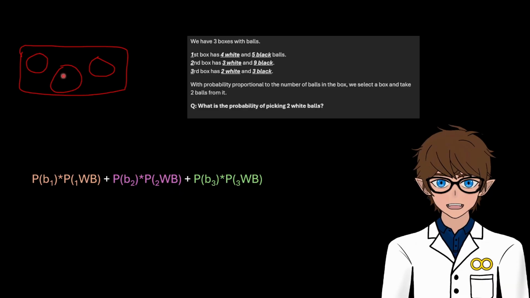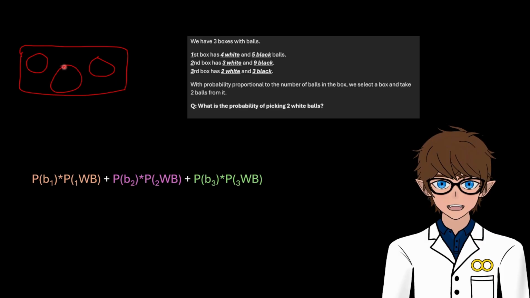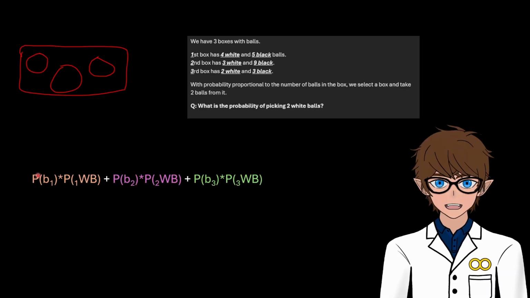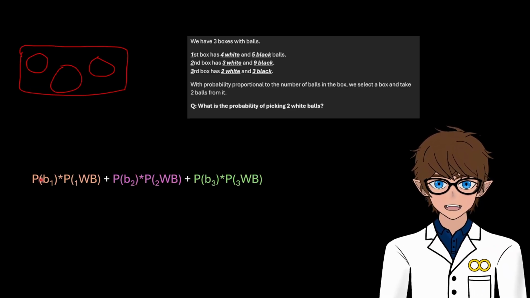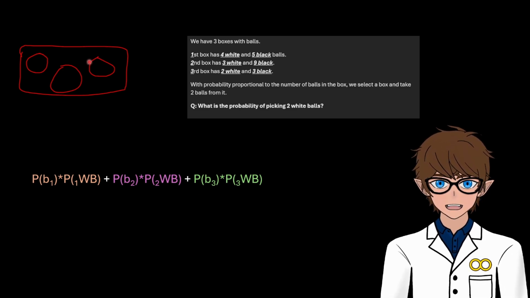So if we have 3 boxes and we choose at random, each has a chance of 0.3333 periodically repeating to be picked. However, they are more likely to be picked if they have more balls, so we replace that 1/3 with this probability. We know that these probabilities of the boxes being picked will add up to 1 because we only have 3 choices and we have to choose one of them.